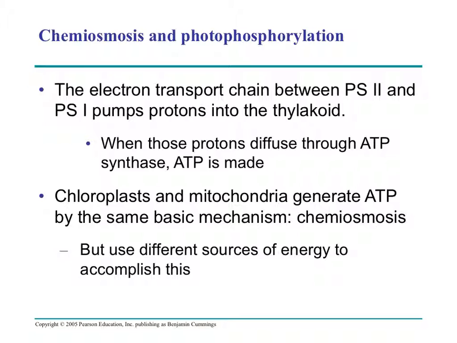And so those protons diffuse through ATP synthase to make ATP. Remember, these protons that we're talking about are coming from the water that is being reduced when we need those electrons in photosystem 2.